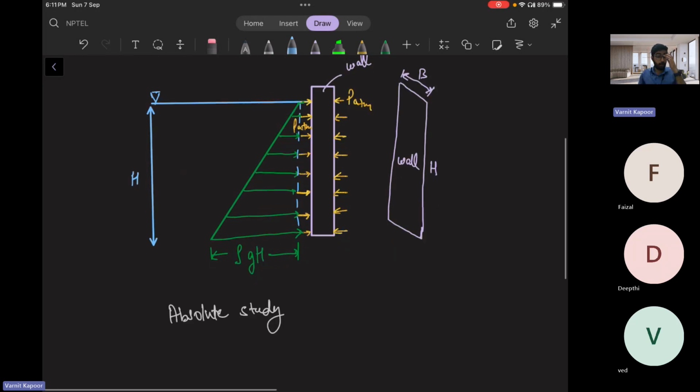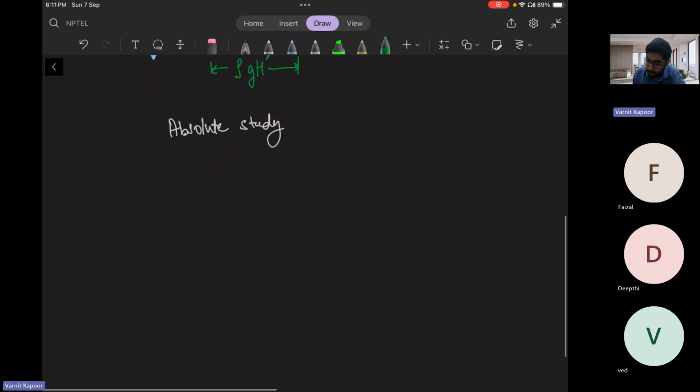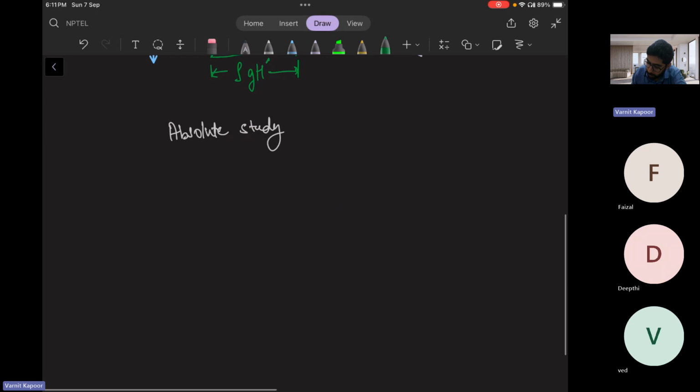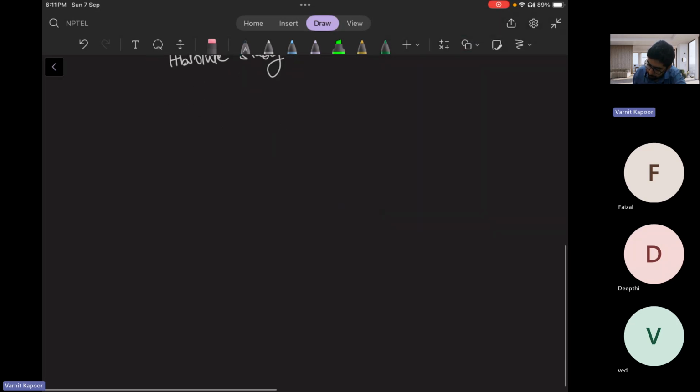Now, if I take an H dash, let's say both are different, so it's rho g H dash. If I want to do the gauge analysis, I need to remove the atmospheric pressure from here.